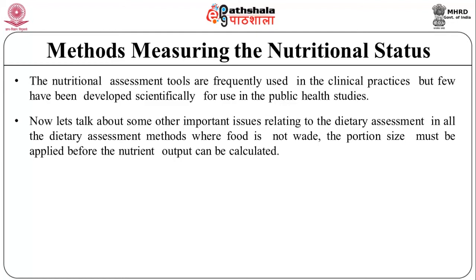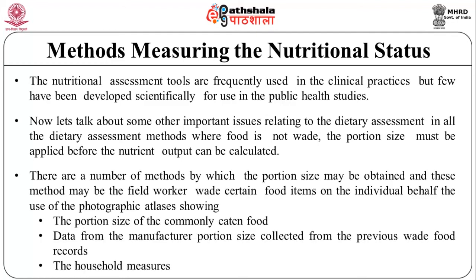In all the dietary assessment methods where food is not weighed, the portion size must be applied before the nutrient output can be calculated. There are a number of methods by which the portion size may be obtained.